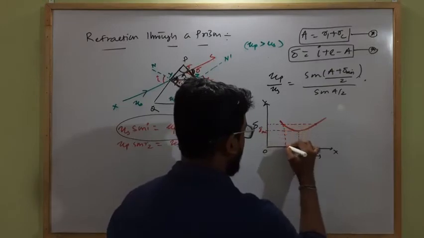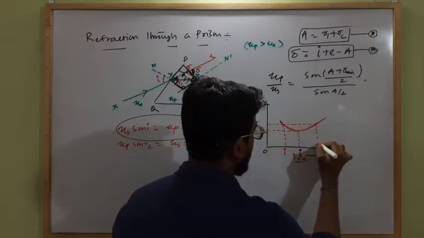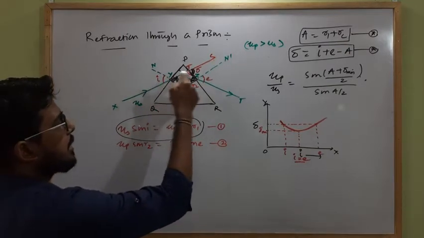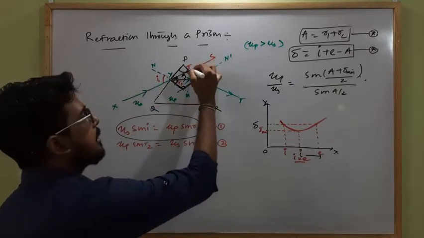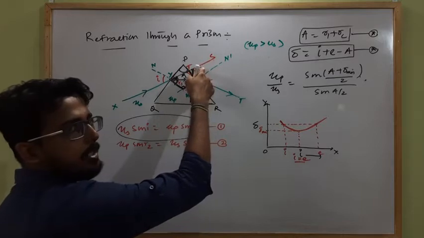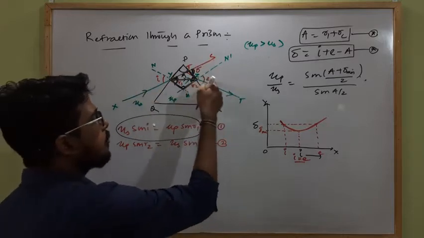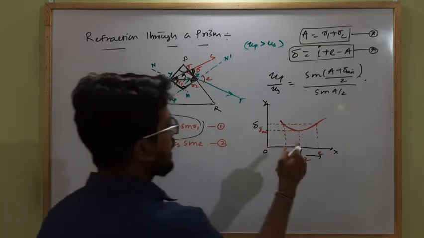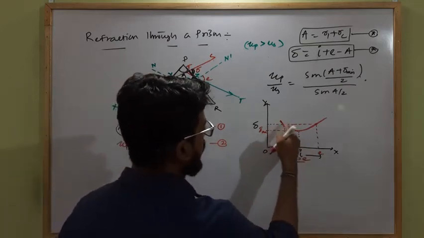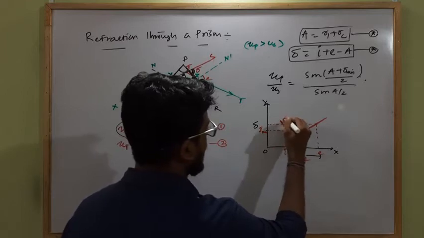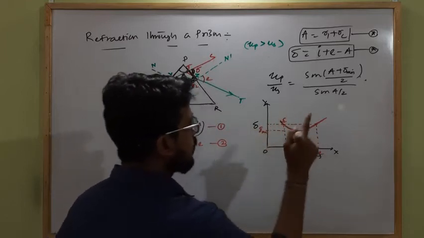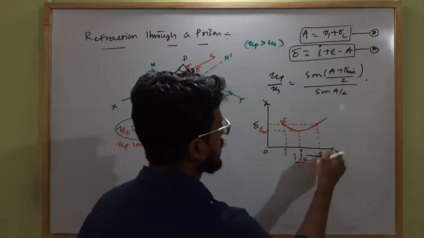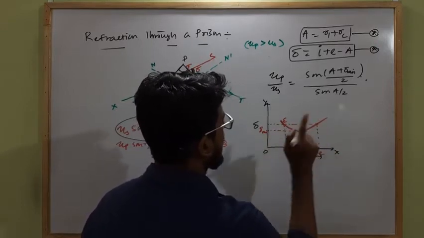One is for the value of i and another one is for the value of e, because we already discussed that if i is the incidence angle, e will be the emergent angle, and the angle of deviation will be the same when e is the incidence angle and i is the emergent angle. Clear? So when light is incident at an angle i, we will get this delta value of deviation.